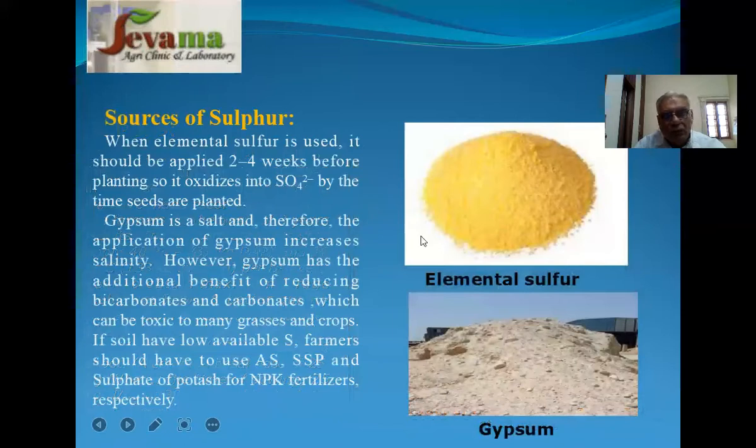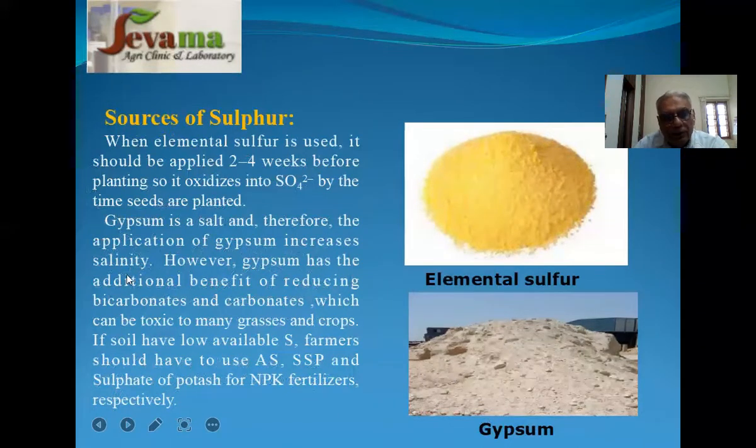Then sources of sulfur. There are 2 sources, elemental sulfur and gypsum. When we apply elemental sulfur, we have to apply it 2 to 4 weeks before planting, so it oxidizes into sulfate by the time seeds are planted. Gypsum is a salt and therefore the application of gypsum increases salinity.